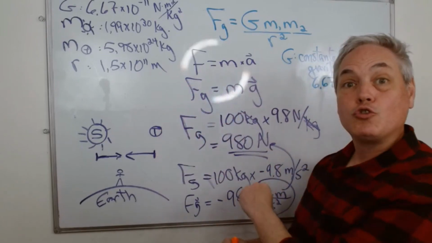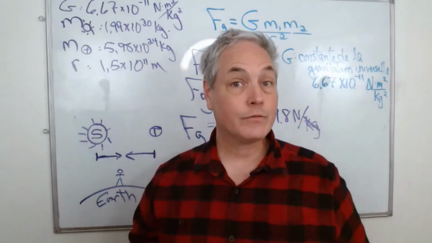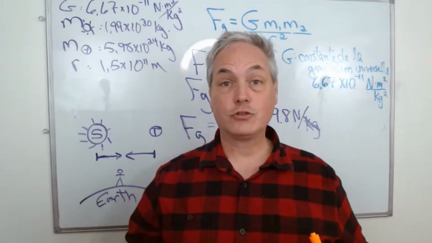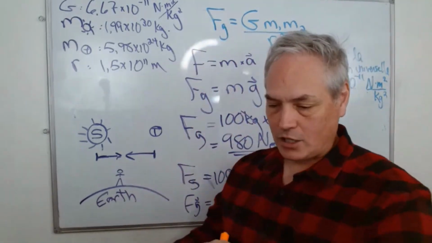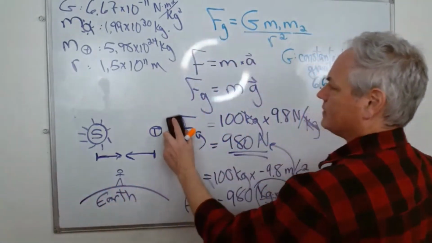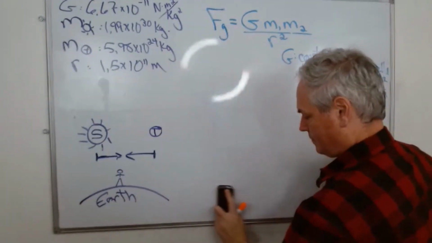Now that brings us to the next equation I have for you, which is the universal gravitational law. So let's see what we've got here. This law, let's see if I can erase some of this.